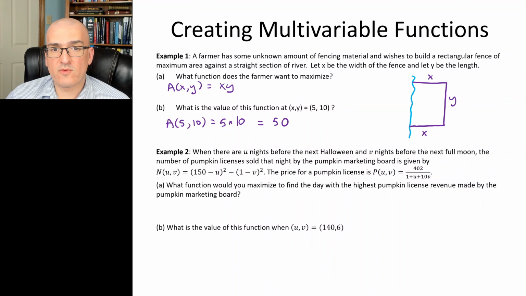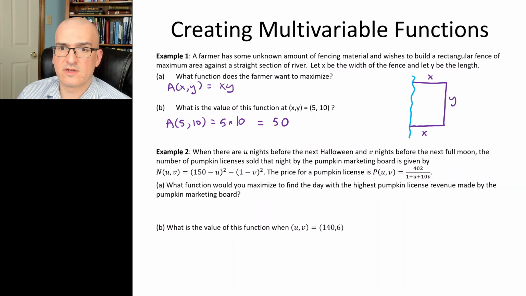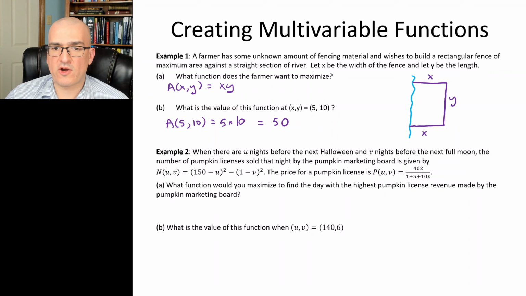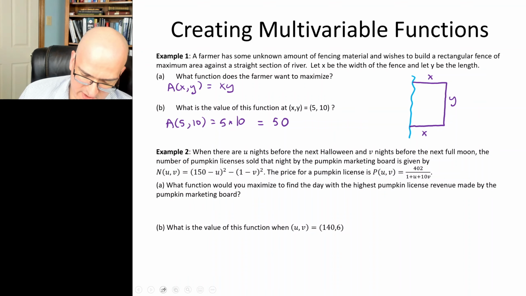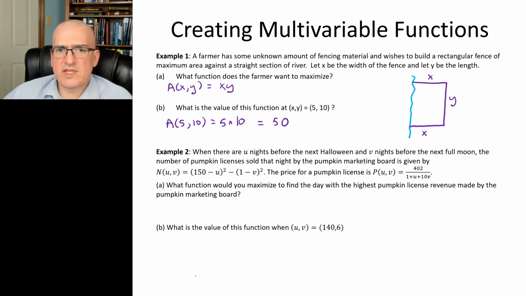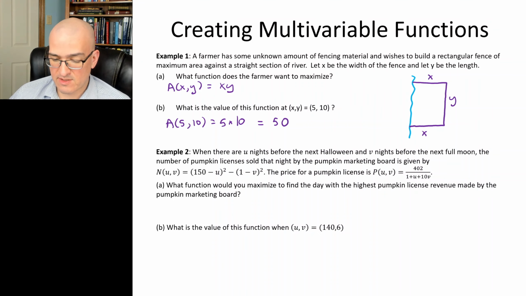So you've got to think about what is the revenue here? How much money does this marketing board make based on the price and based on the number? So if you're selling cookies and each cookie is $2 and you sell 10 cookies, what's your revenue? That's basically what this question is asking.